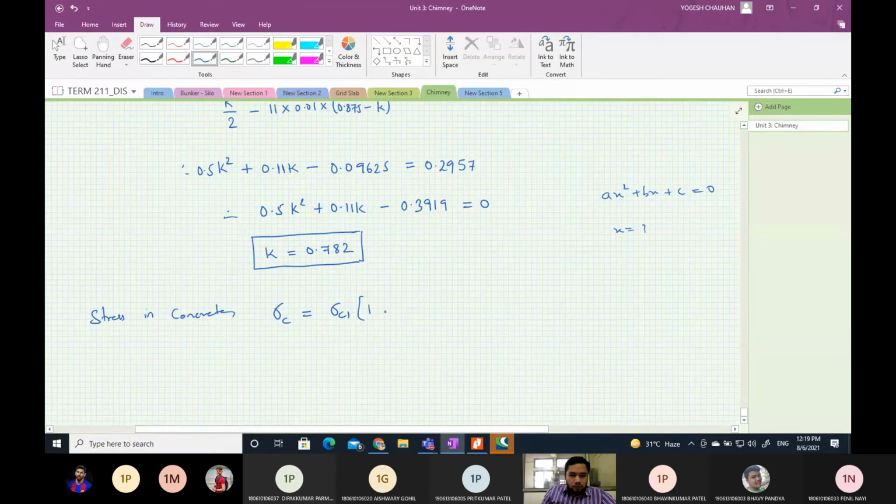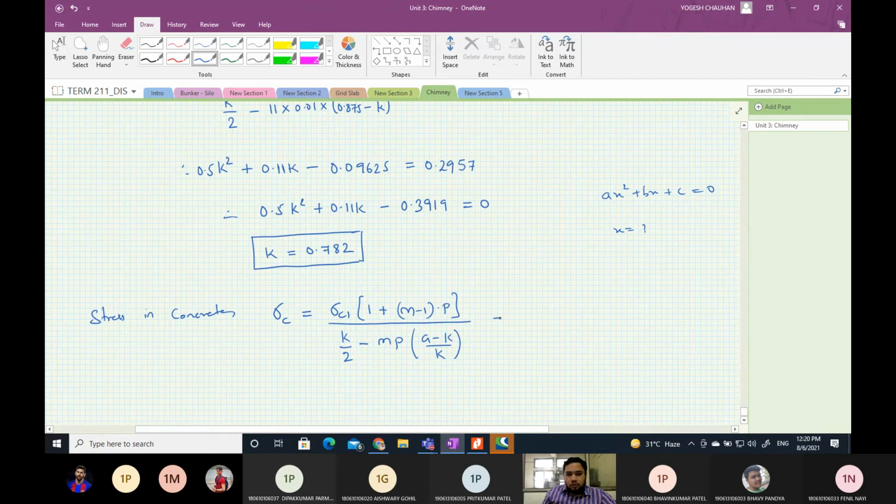Sigma c into 1 plus m minus 1 into p, whole divided by k by 2 minus m p into a minus k by k.